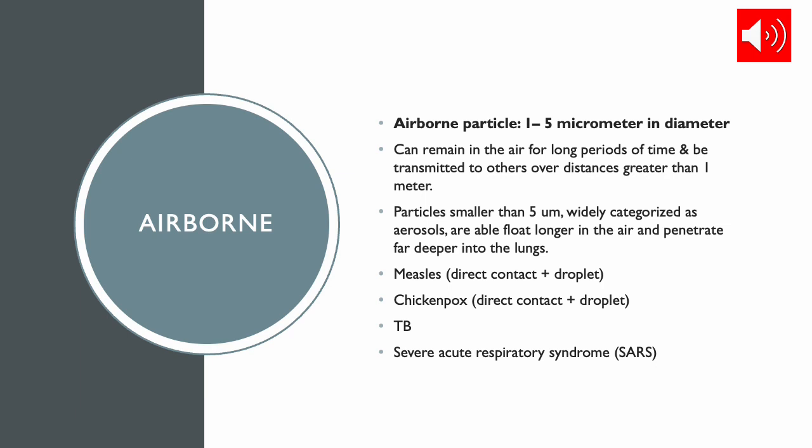So let's talk about airborne for a minute. Airborne particles are approximately 1 to 5 micrometers in diameter. So they are so tiny that they can remain in the air for long periods of time, and they can be transmitted over greater distances, even more than 1 meter. So this is why for airborne precautions in the hospital, we typically have to have a longer period in between patients in terms of an ISO-clean.